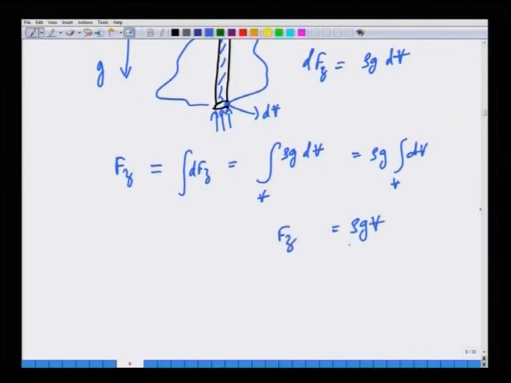But let us try to understand this slightly differently. This is rho times V times g. Here rho is the density of the liquid in which this object is present. So, this is the mass of the liquid that is displaced by the solid.